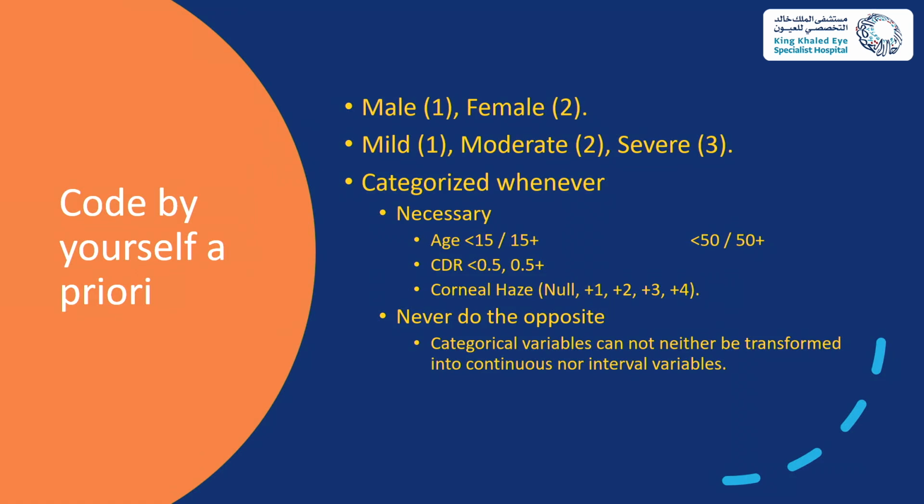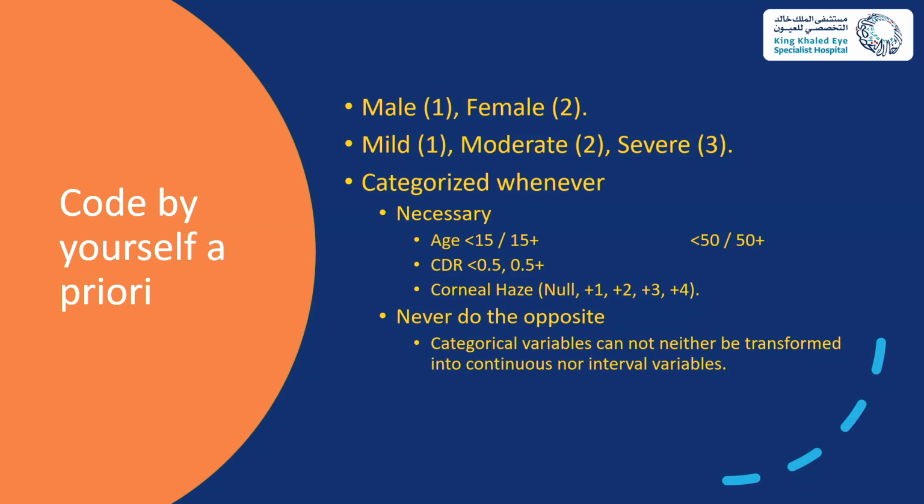Try to code your data collection sheet by yourself, because if it is coded by someone else, they can change the arrangement of your variables, for example, utilizing a categorical variable as an ordinal variable and so on. So while doing your data collection sheet, say by yourself, male is 1, female is 2.